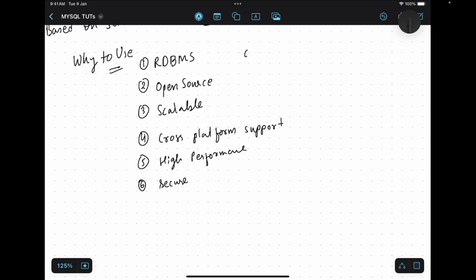Now it's around 2025, 2024 is going to end. So people think, should we still learn it? And my answer is yes.